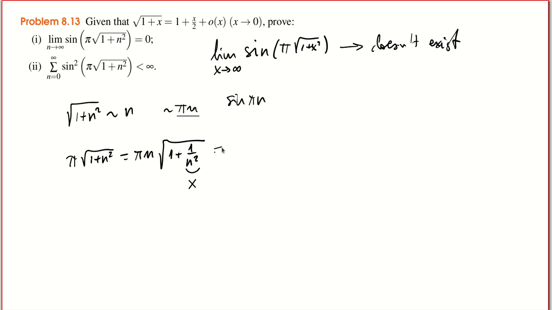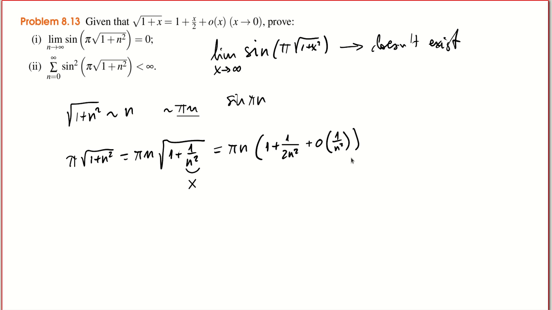So what we have here is pi n, and then multiplied by 1 plus x over 2, so 1 over 2n squared, plus something that is negligible with respect to 1 over n squared, which is what x is, right?